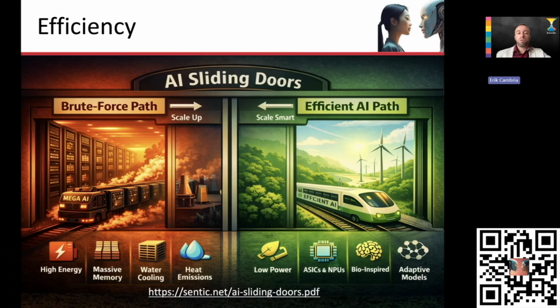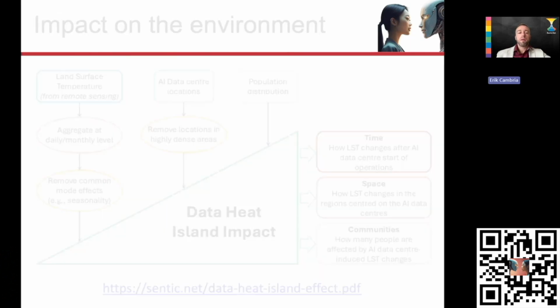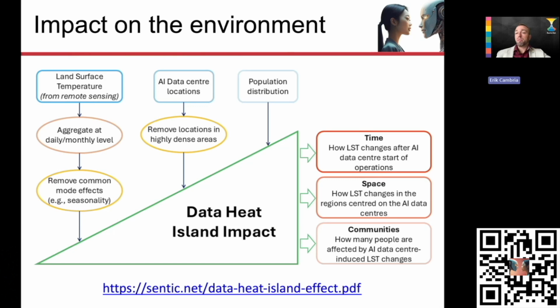So this is also related to what we discussed in the previous course of natural language understanding. But this is truly becoming an issue today for the impact that AI and data centers have on the environment. Also, in terms of the heat that they produce, they are literally changing the ecosystems around them.